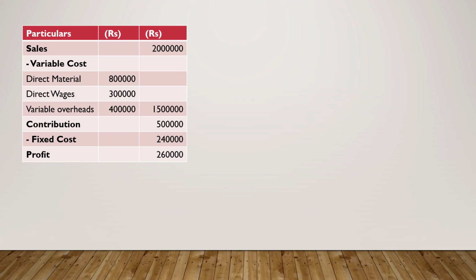So total variable cost will be 15 lakhs. When we deduct variable cost from sales, that is 20 lakhs minus 15 lakhs, your contribution will be 5 lakhs. Now the fixed cost given in the question, that is your fixed overheads, is 2,40,000. So your profit will be 5 lakhs minus 2,40,000, which is 2,60,000.